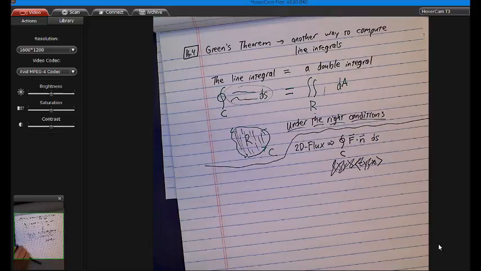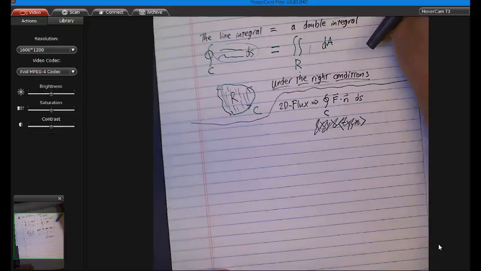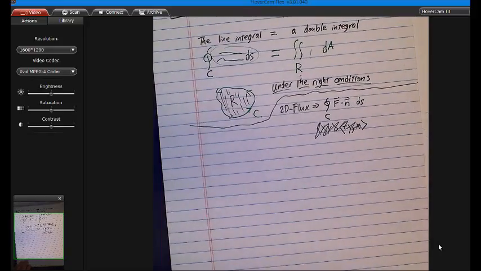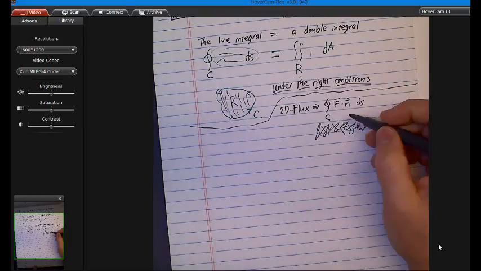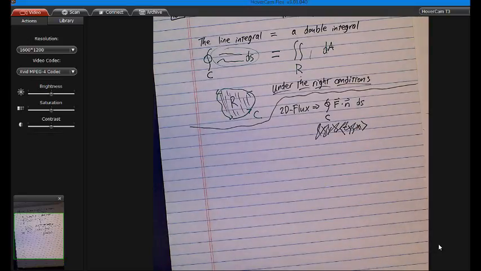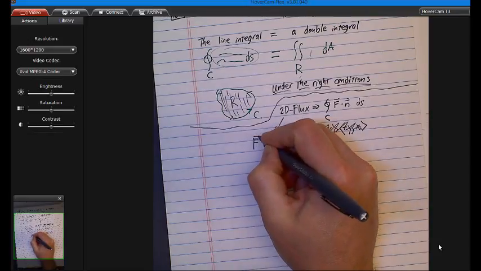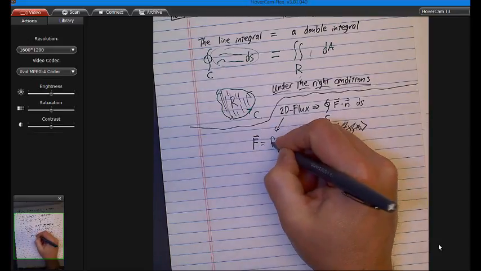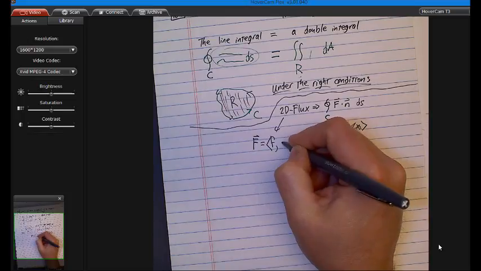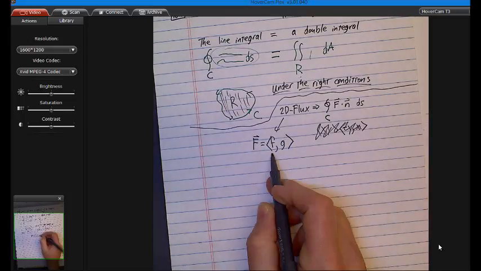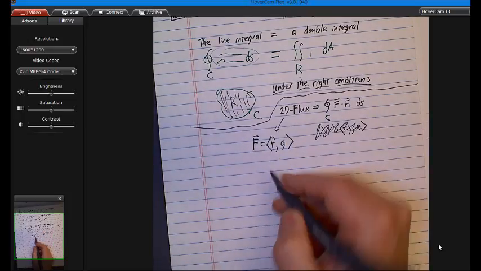Okay, so again, when I did my F, if we're in two dimensions, I could say that my vector field is the vector F and G, where F is a function of t.